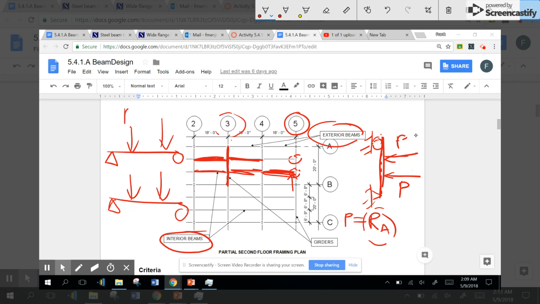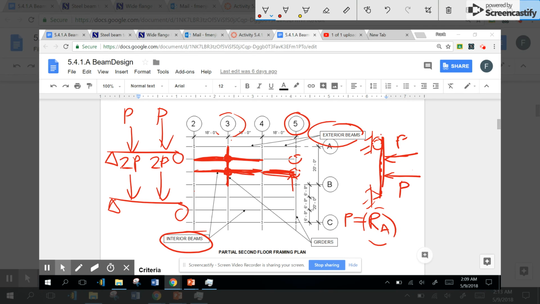The difference is if this is P and this is P, and that's the reaction force off the beam. We got to remember that each one of these is the reaction force of each beam. This is going to be 2P, 2P. Why? Because there's 2 beams that are coming across the girder and resting on these points.